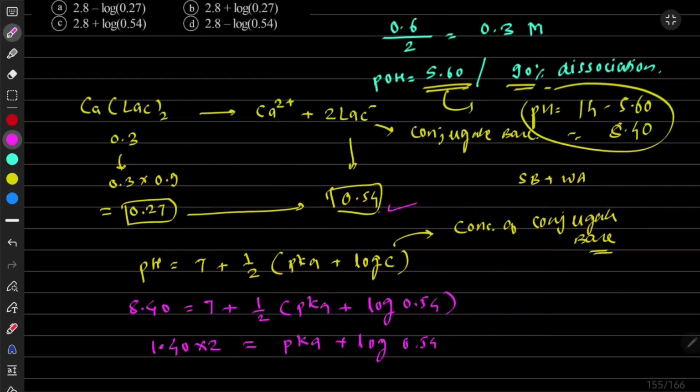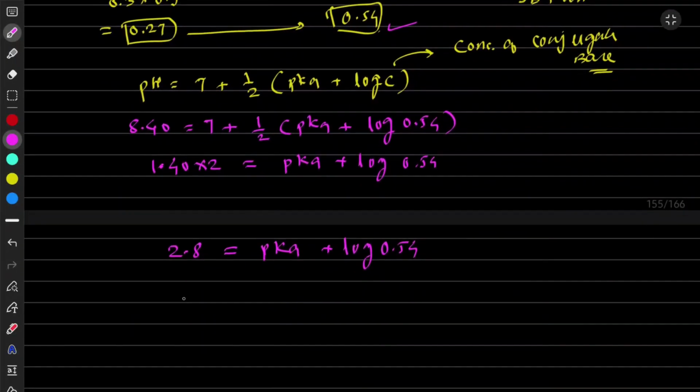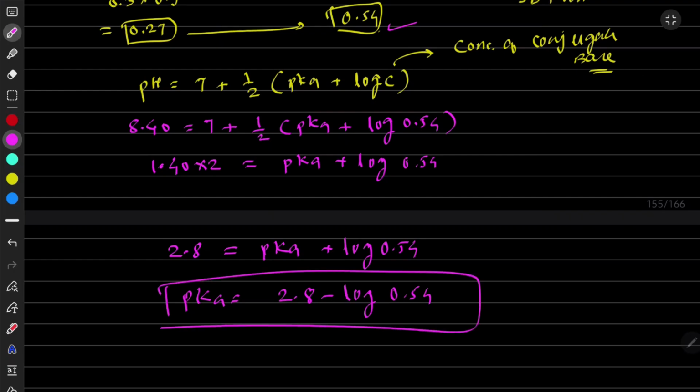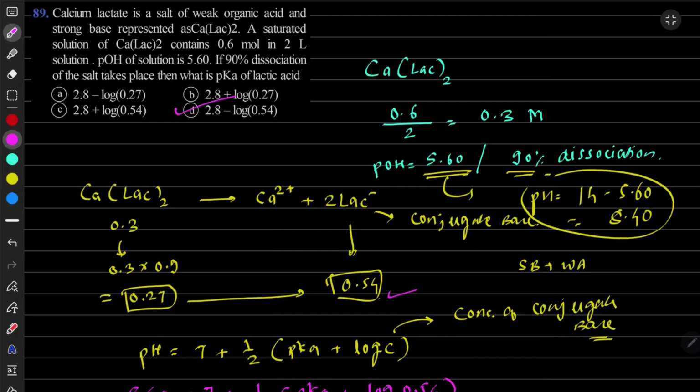Let us see what is asked. Okay, you need to calculate the pKa. So pKa is going to be 2.8 minus log of 0.54, which is option D.